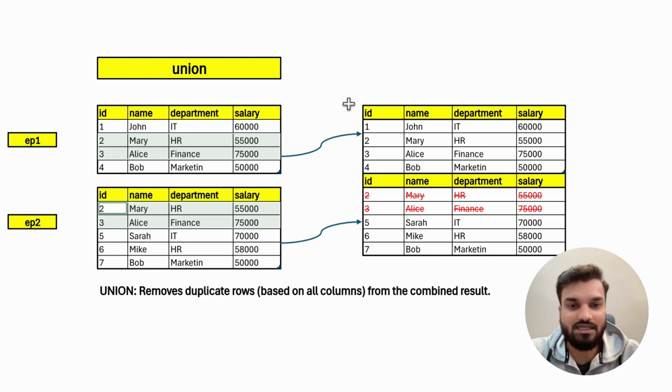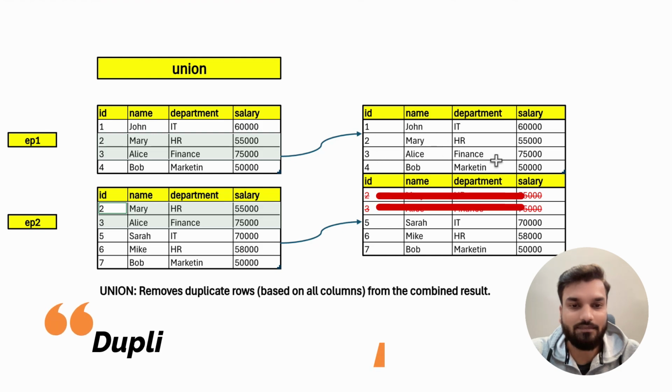As per this final result, what we can conclude is when we apply the union function between EP1 and EP2, in the final result, even if the two rows that are in EP1 are the same rows in EP2, after applying this union function we will get these rows only once. So that is why in this final result we have row number 2 and row number 3 coming only a single time.